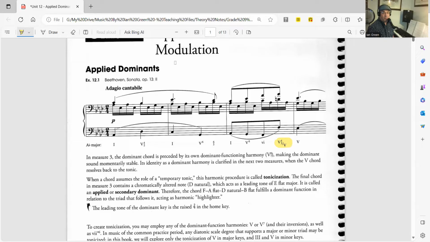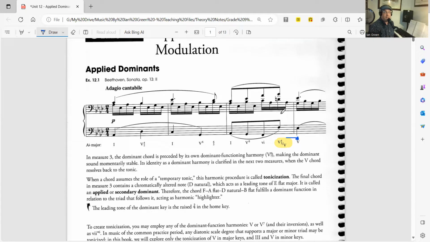And then right afterwards, we go directly to the 5 chord, or the dominant chord, right there. So you can see how the secondary dominant, or the tonicized dominant chord, leads directly into the chord that it's decorating.